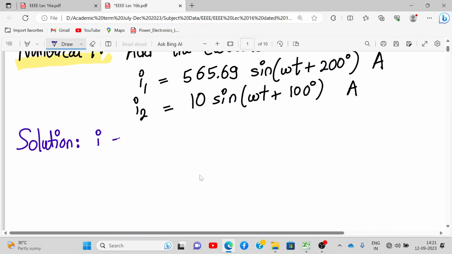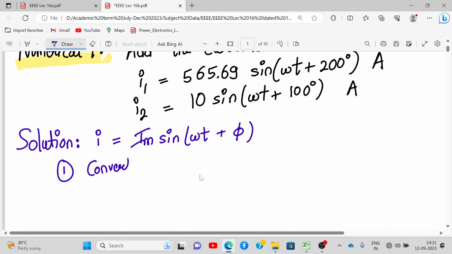What is the standard form? I is equal to Im sine of omega t, and in this case we have plus theta, right? So plus theta. This is the standard form. So first step is convert I1 and I2 into polar form.